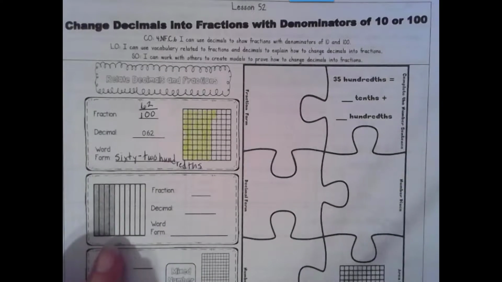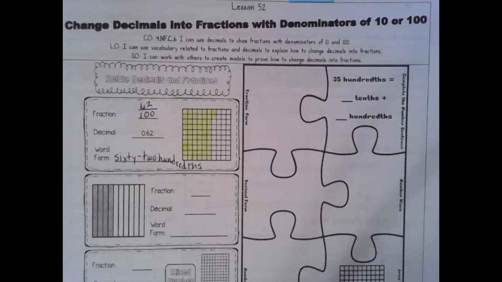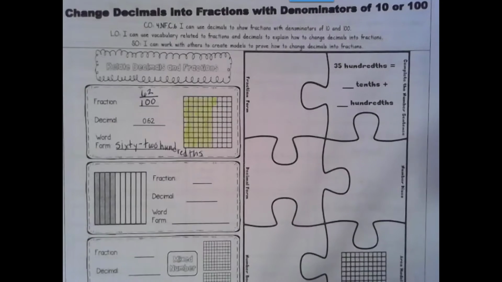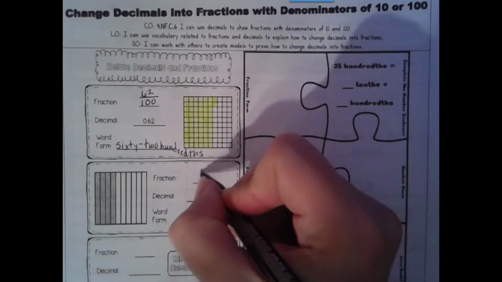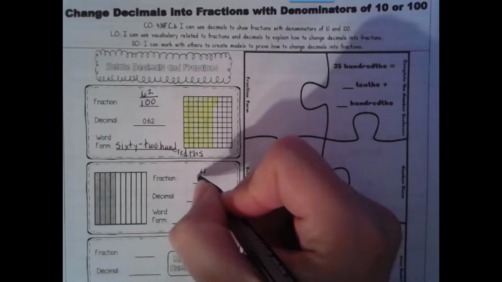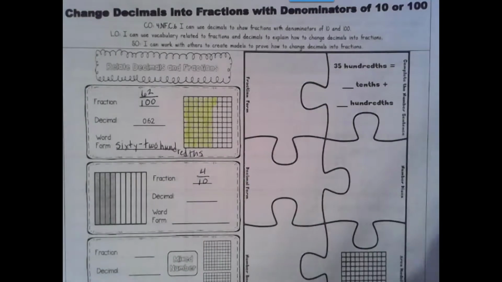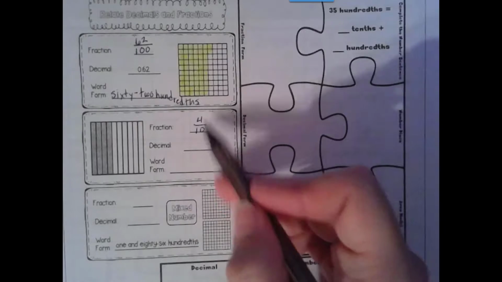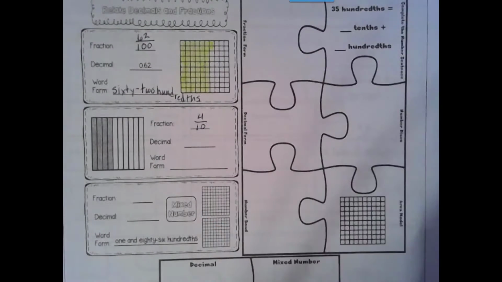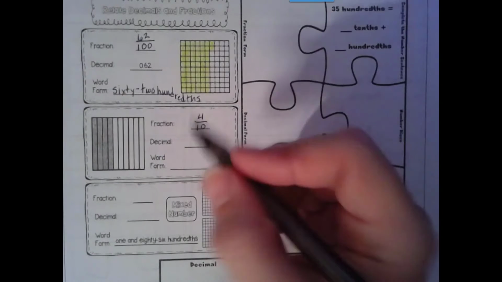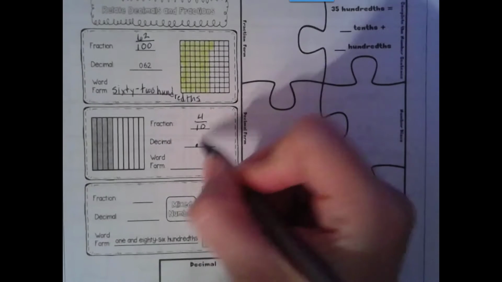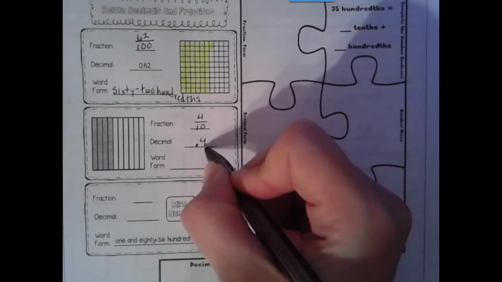Okay, this one is already shaded in for us. So our fraction here, we have 1, 2, 3, 4 out of 10. That could be simplified because they're both even, but we're going to keep it in this form. We have one placeholder underneath, so it's going to be one place after the decimal.